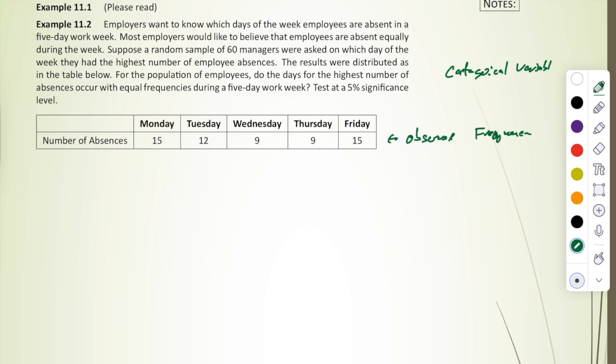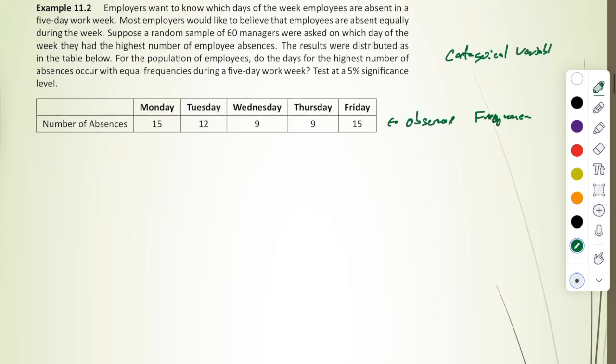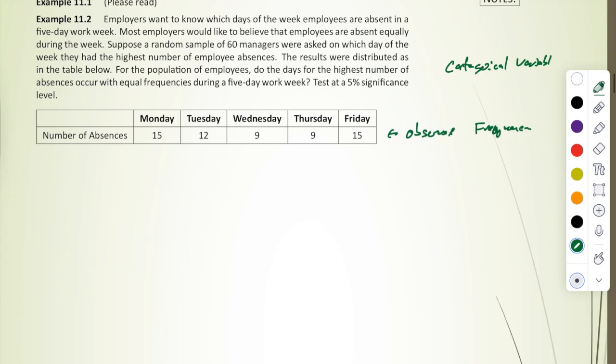That is a categorical variable, right? Because the data is Monday, Tuesday, Wednesday, and so on. And so we are now doing statistics on categorical variables. That's what chapter 11 is mainly about. The chi-square test is indispensable in analyzing these things.